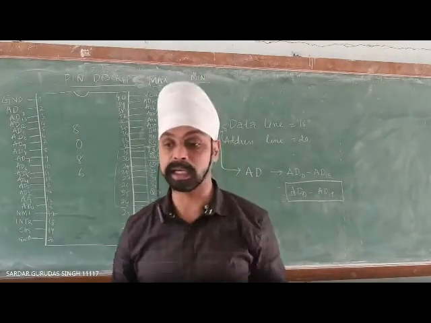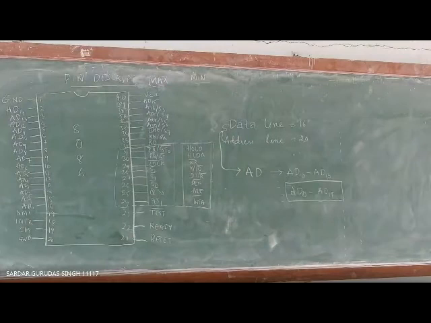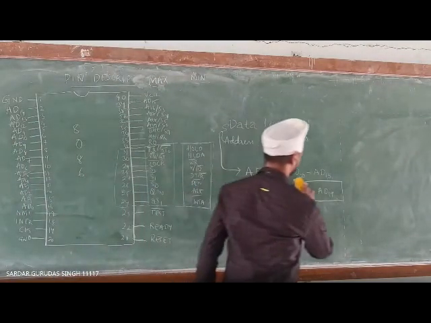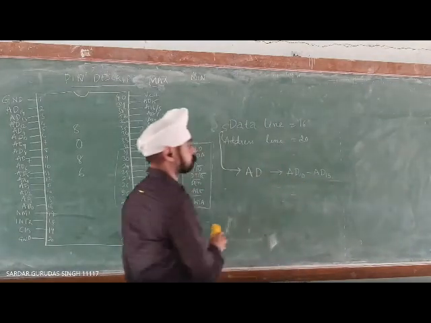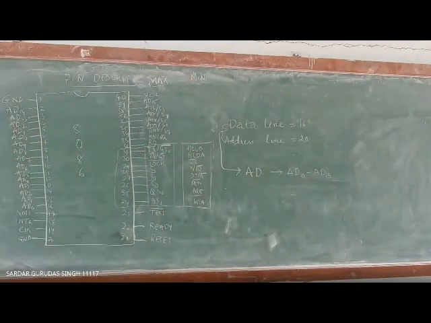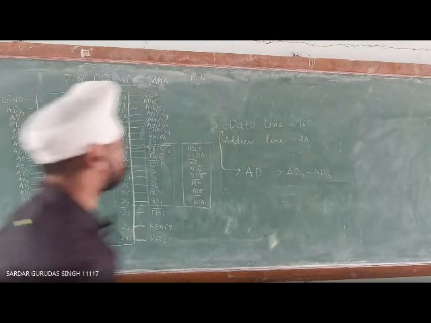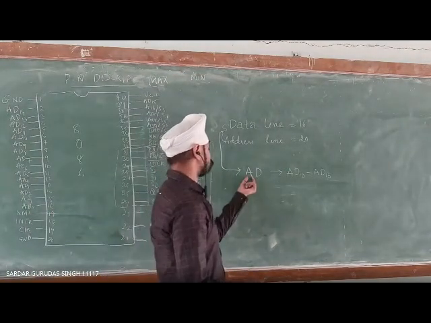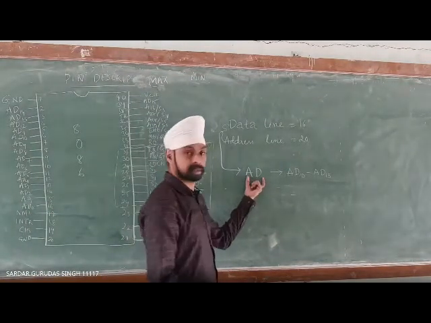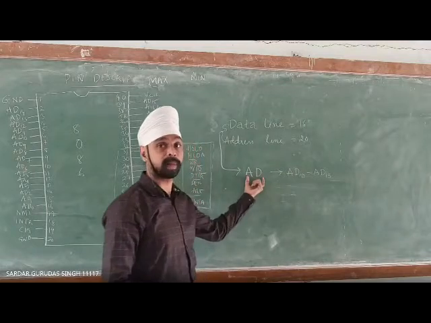This combining, we call it multiplexing. Combination of two different types of signals is nothing but multiplexing.